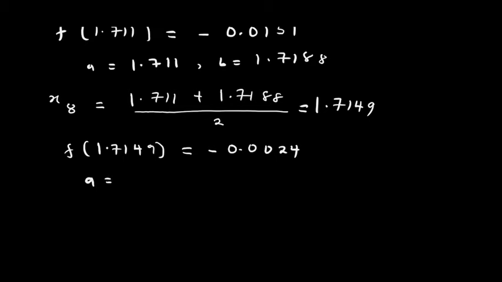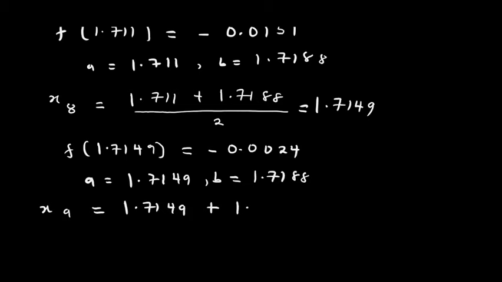Since this is also negative, the next two guesses will be A is equal to 1.7149, B is equal to 1.7188. So x9 is equal to 1.7149 plus 1.7188 over 2.